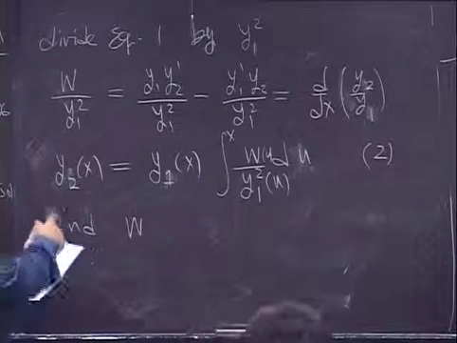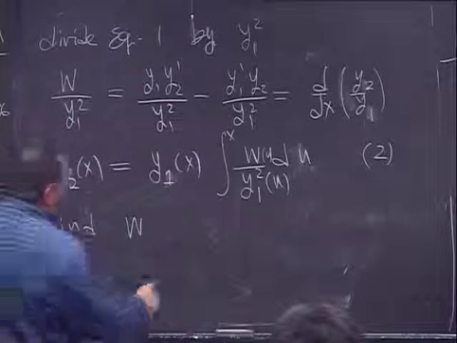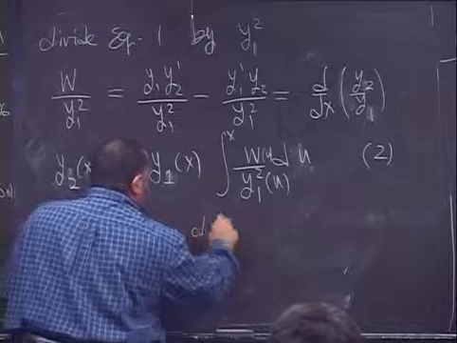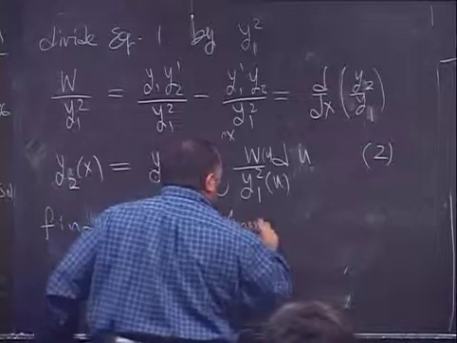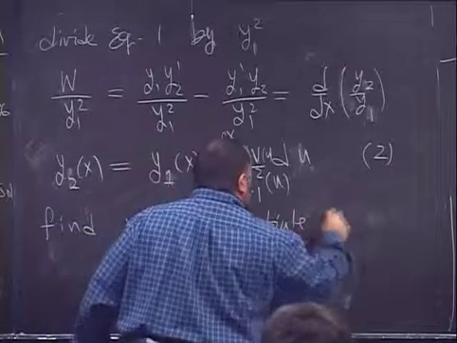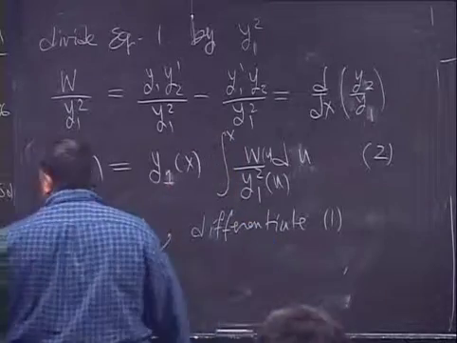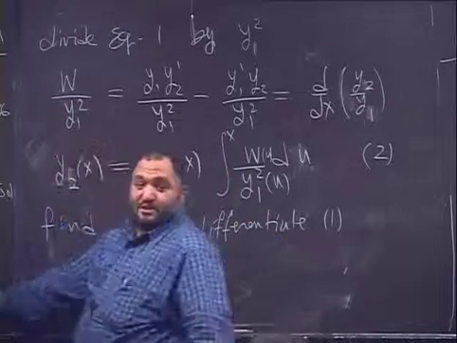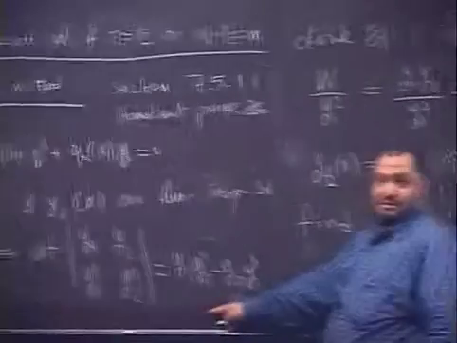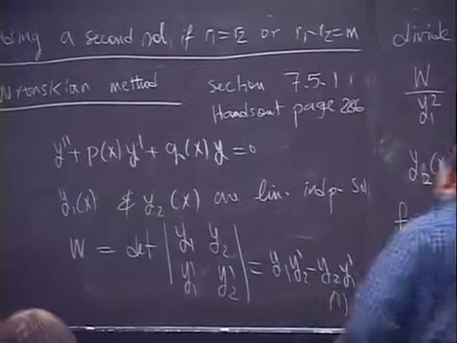So to find the Wronskian, we will just differentiate equation number 1, which is just this equation. Okay, guys? We'll differentiate this equation.